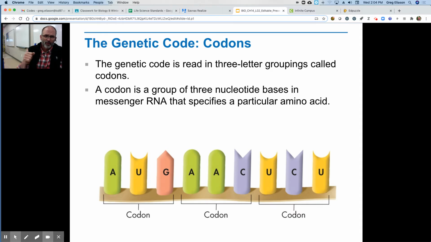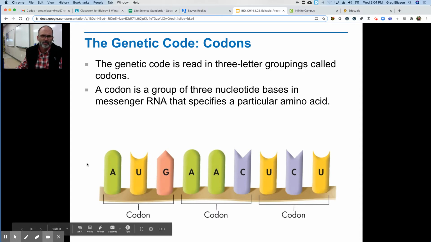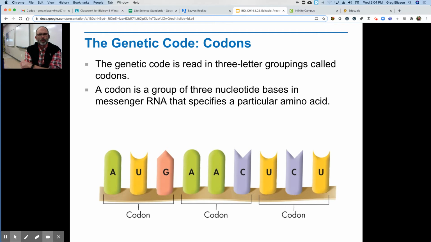The code for the amino acid is held in these three bases, A, U, G, for example, right here, which is the start codon for the beginning of translation. So those three nucleotide bases are called a codon. So for one amino acid, you need three possible nucleotides, A, U, G, C.